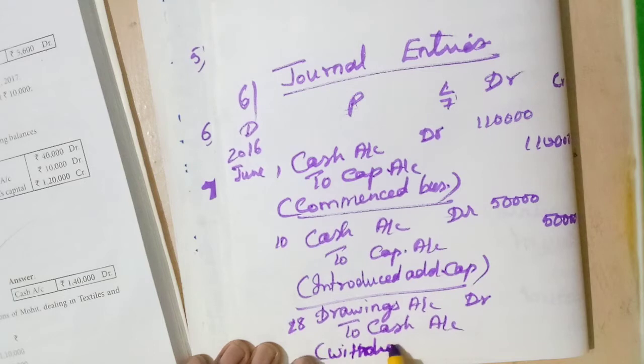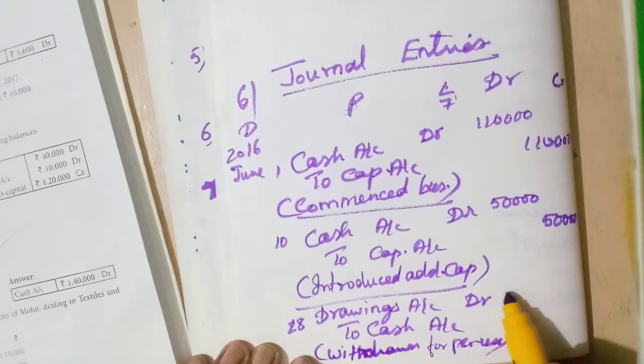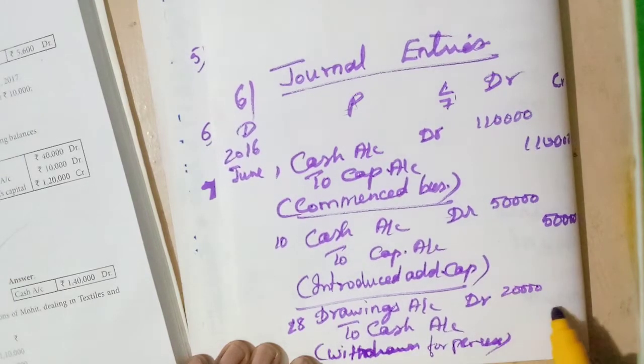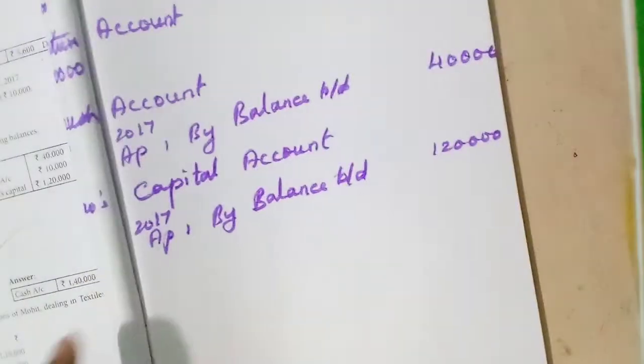Withdrawn for personal use, 20,000. Here they have asked to post only one account. So we will take 2 pages. Only cash account.